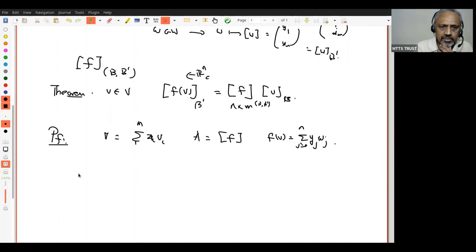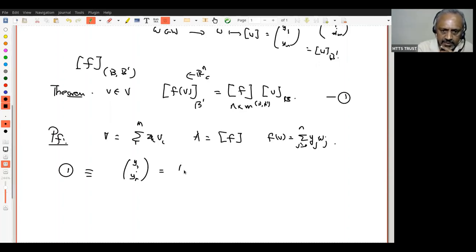Right? So what are we supposed to prove? This equation is nothing other than this equation. Namely, let's look at y1 to yn. This column vector is A times x1 to xm. Okay, this is what we are supposed to prove. Is that clear? Pause, review, proceed.